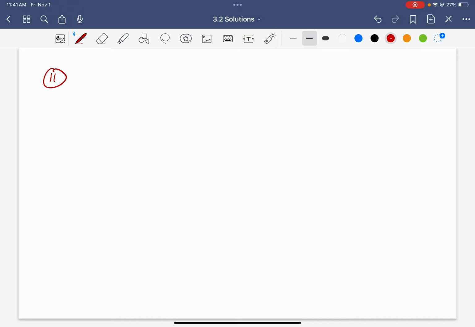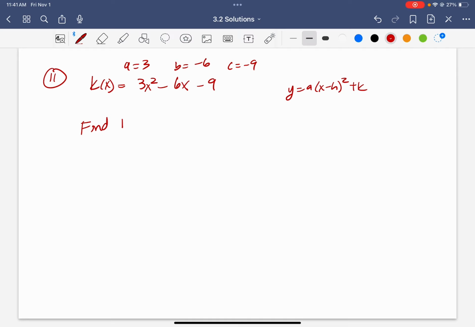So then we talk about 11. 11 is k of x, 3x squared minus 6x minus 9. Again, I'll let the reader know what a, b, and c are. So if it wants me to find a(x minus h) squared plus k, I know I need to find h, which is negative b over 2a.